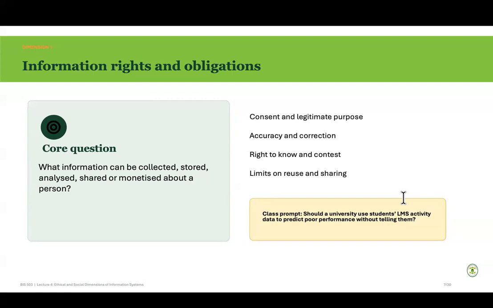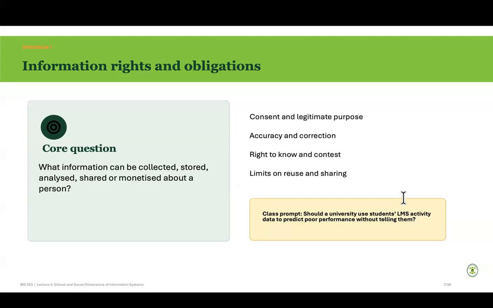Let us consider, say, a university learning platform. Suppose the university analyzes login times, the reading activity of students, assignment submissions, and even class participation, and uses this to predict which students may fail or pass. The question is, should the university be doing this without informing the students?